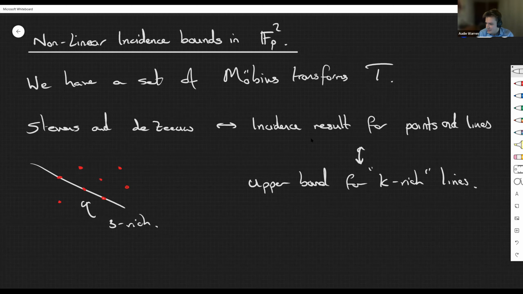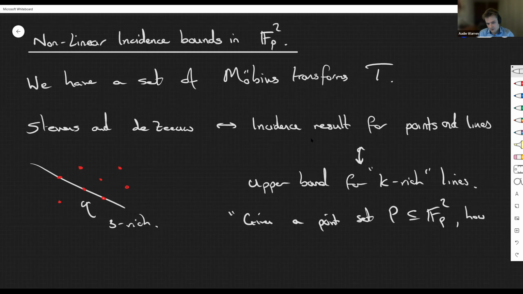So we're not saying exactly k, we're just saying at least k. And so this incidence result for points and lines can actually be rephrased in terms of an upper bound for the number of k-rich lines defined by a point set. That is, given a point set P in F_p^2, how many k-rich lines does it define?